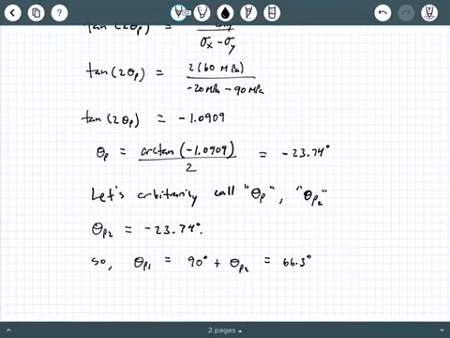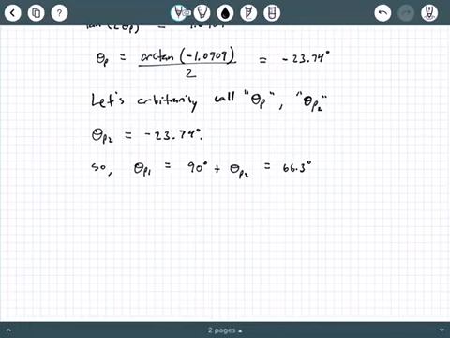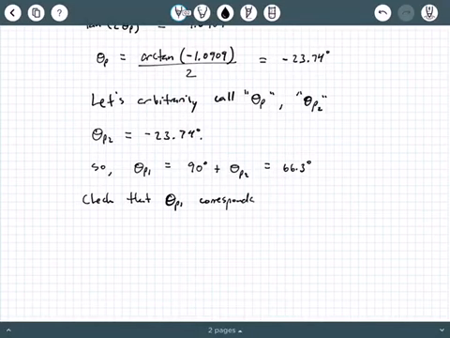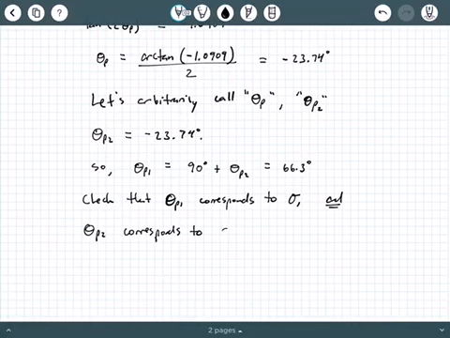And so I'm going to say theta p2 equals negative 23.74 degrees, all right? So this would mean that theta p1 equals 90 degrees plus theta p2, which is equal to 66.3 degrees, okay? So I'm not done yet. I'm almost done, but I'm not done yet. You have to ensure that your theta p1 corresponds with sigma 1 and so on.